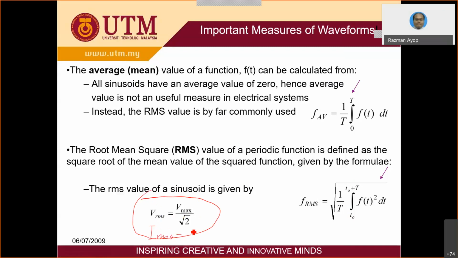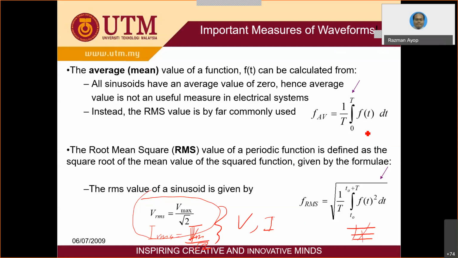I RMS equals I max divided by square root 2. This is just for voltage and current. This is the general formula, we will not use this for your course.